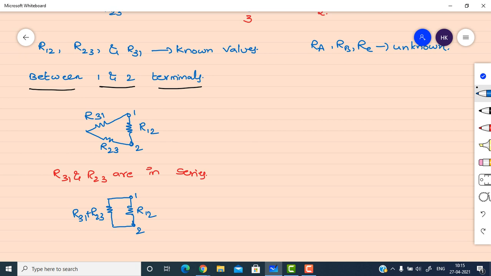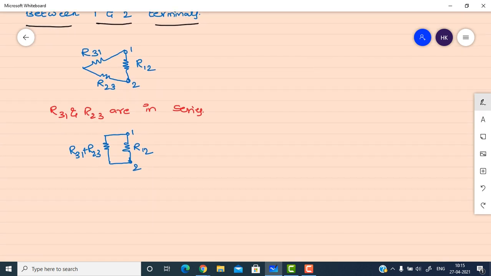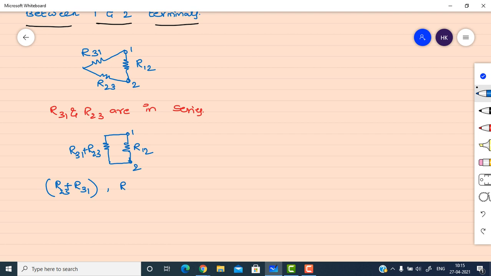Now these two resistors, how do they look? Series or parallel? Parallel, completely one across the other. So R31 plus R23 and R12 are in parallel.